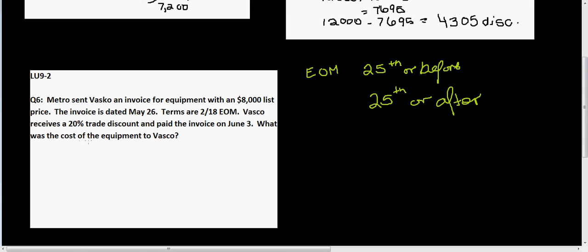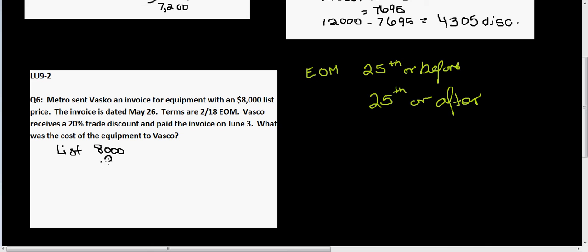Basco is going to receive a 20% trade discount. So we know trade discounts come off the top, the list price. And paid the invoice on June 3rd. What is the cost of the equipment? Okay, then the list price is $8,000. We know we're going to take 20% off of that.